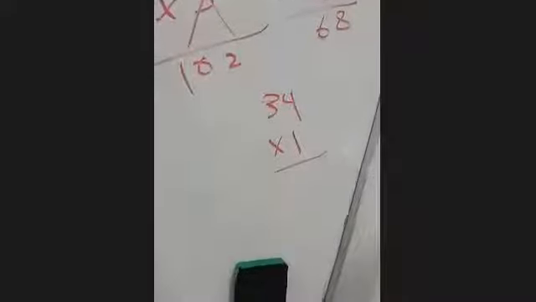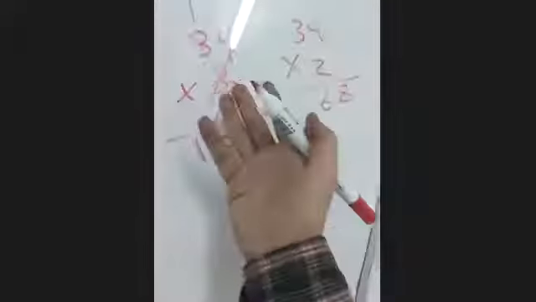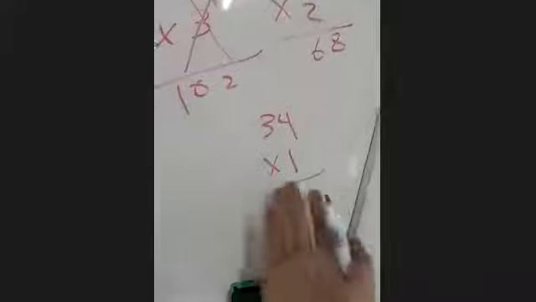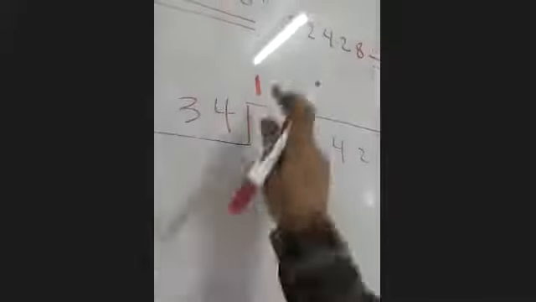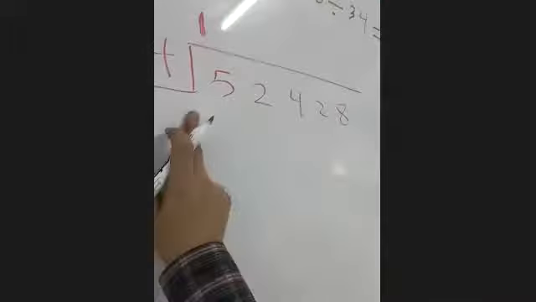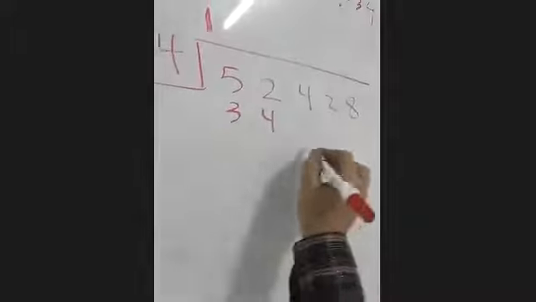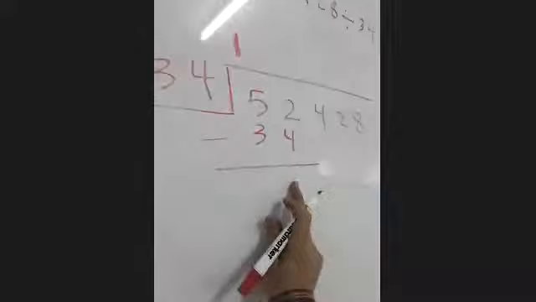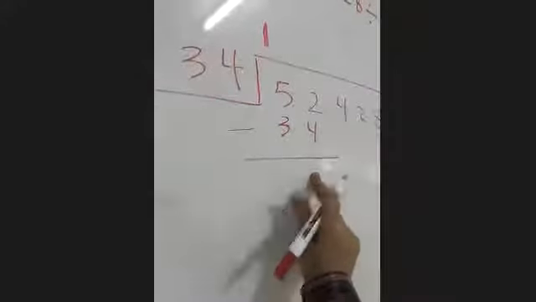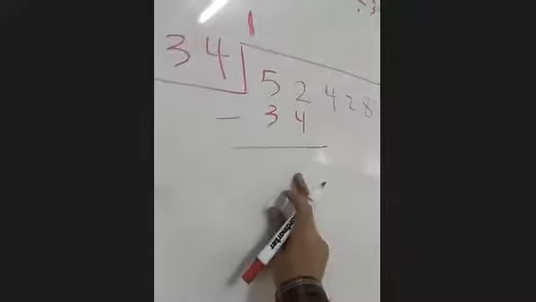There is only the 1. 2 doesn't work, 3 doesn't work, so which will work with me? 1. 1 by 34, how much? So here we start with 1. 1 multiply 34 is 34. Now, 2 minus 4 is 2, right?